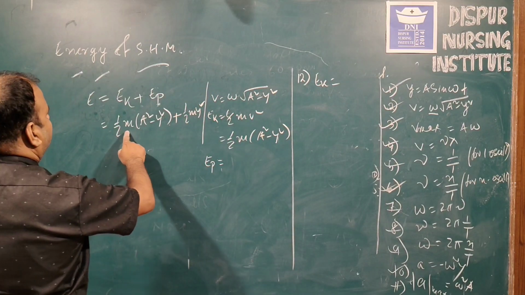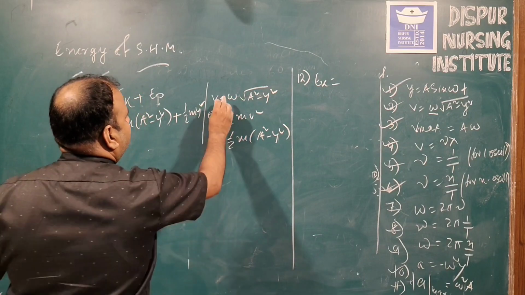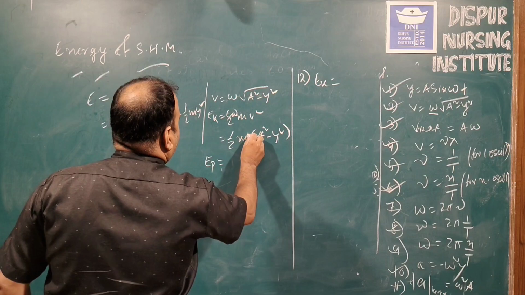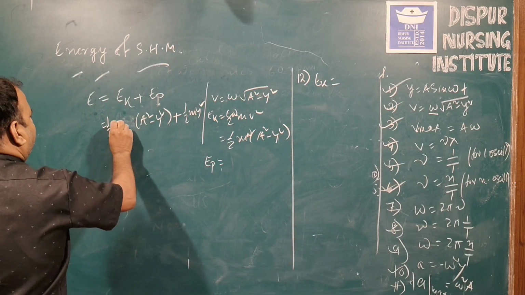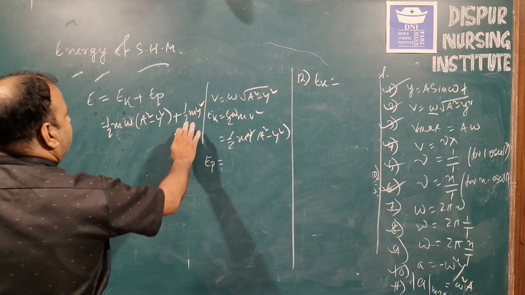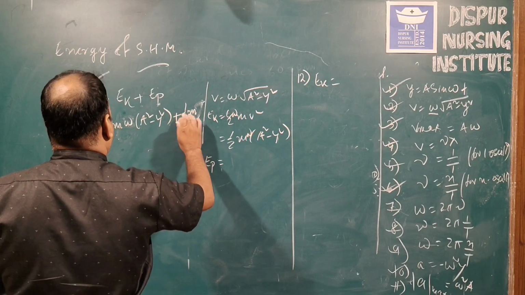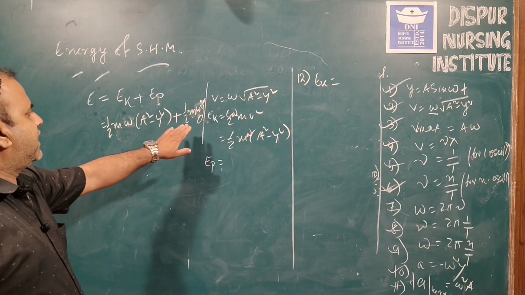Here omega is also there, so you have to mention omega also. So in this case it will be half m omega square y square. This is the potential energy we already know.